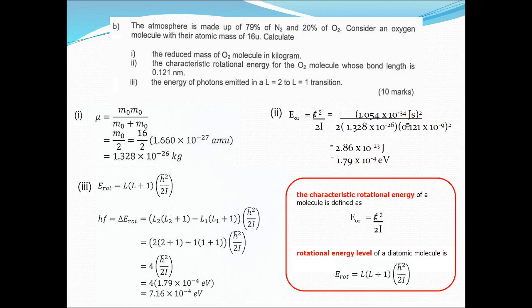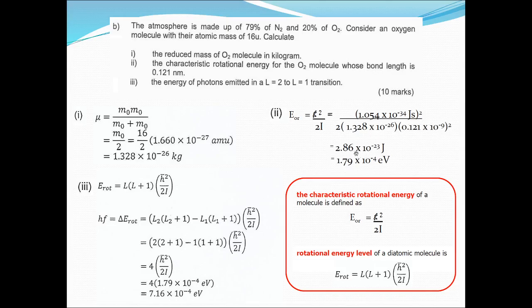The radius is the bond length between the oxygen atoms, from one atom to another atom, so between atom and atom is 0.121 nanometer. So squared, don't forget this one. You will lose marks here if you forget. So don't miss the step.